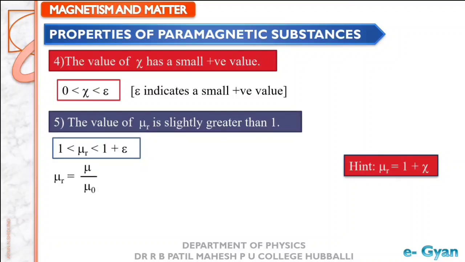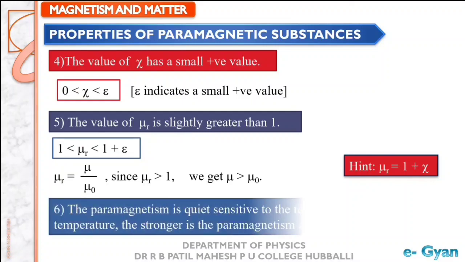Here mu r is equal to mu divided by mu naught. Since mu r is greater than 1, we get mu is greater than mu naught. That means the magnetic field lines will prefer to pass through the material rather than passing out of it.